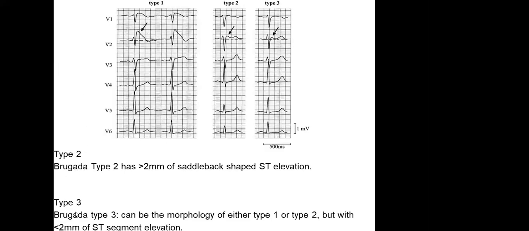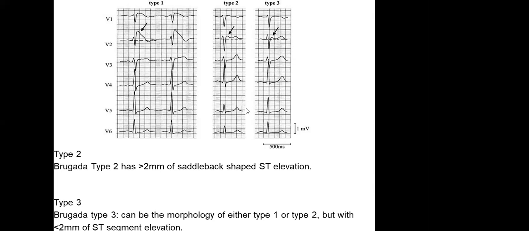There are type 2 and type 3 also. In type 2 Brugada, the ST coving will be more than 2 mm, and it will have a prolonged saddle shape, and the T wave will not be inverted. This is the saddle shape with the T wave normally elevated, not inverted.